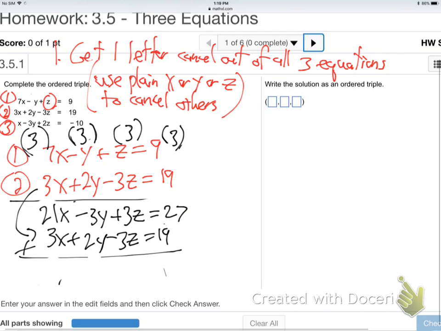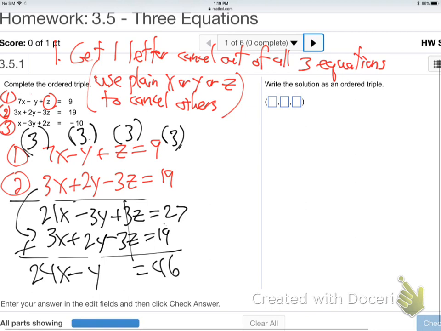Okay, these are going to cancel. That was the plan, right? Get those z's to cancel. See how we made it happen? We made the z's opposites. So 24x, 24x minus y is, what is that? 20, 47, 46?